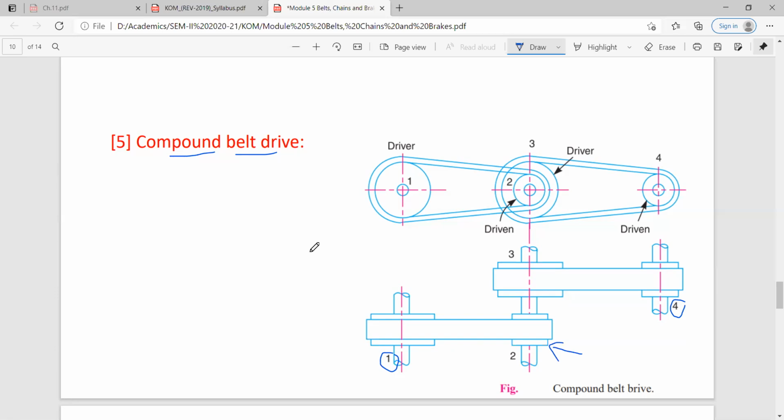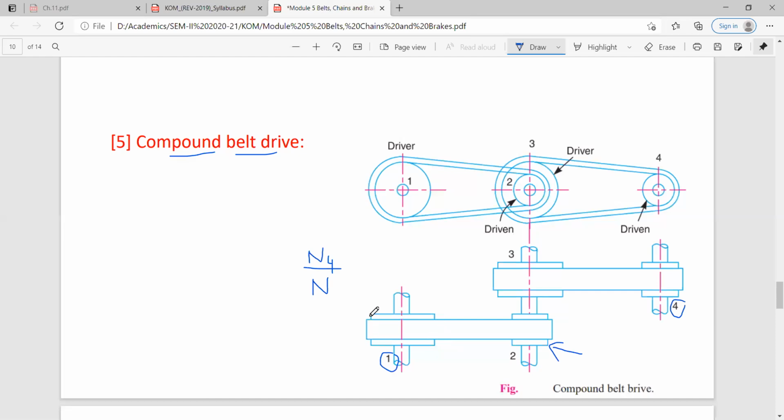So we have defined the velocity ratio, the speed reduction ratio, as the speed of the main driven pulley, which is pulley 4 here, over the speed of the main driving pulley.